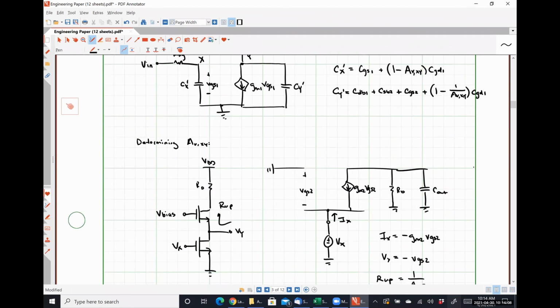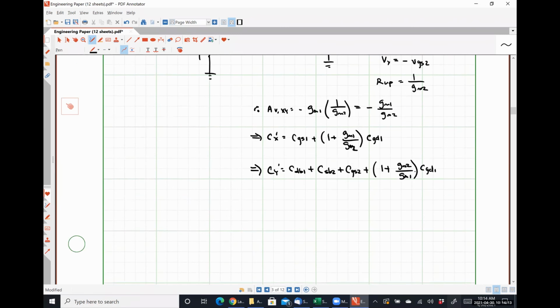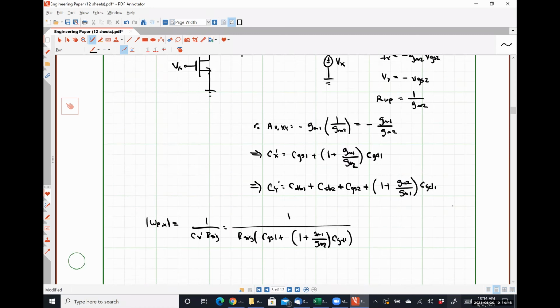That's correct, so let's just leave it at that. So from this, the location of our first pole, omega px, would be 1 over CX prime R sig, which looks like 1 over R sig times CGS1 plus 1 plus GM1 over GM2 times CGD1, close parentheses, and there we go. So that's our first pole.